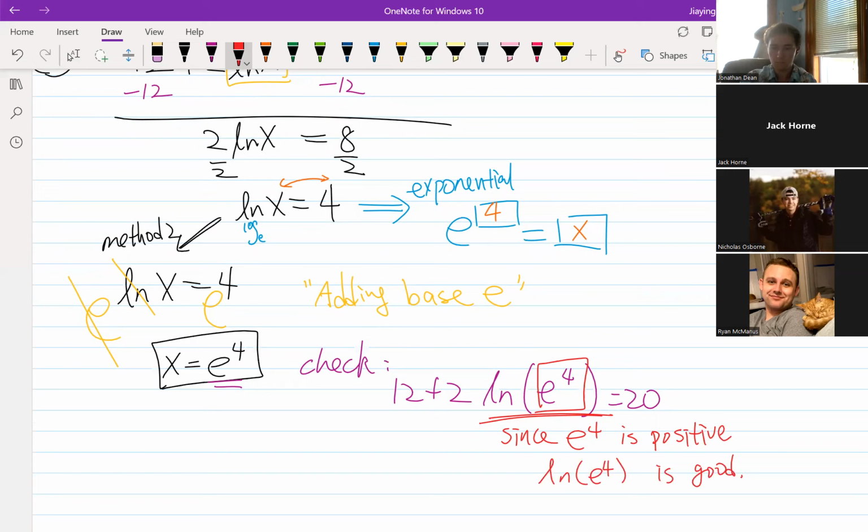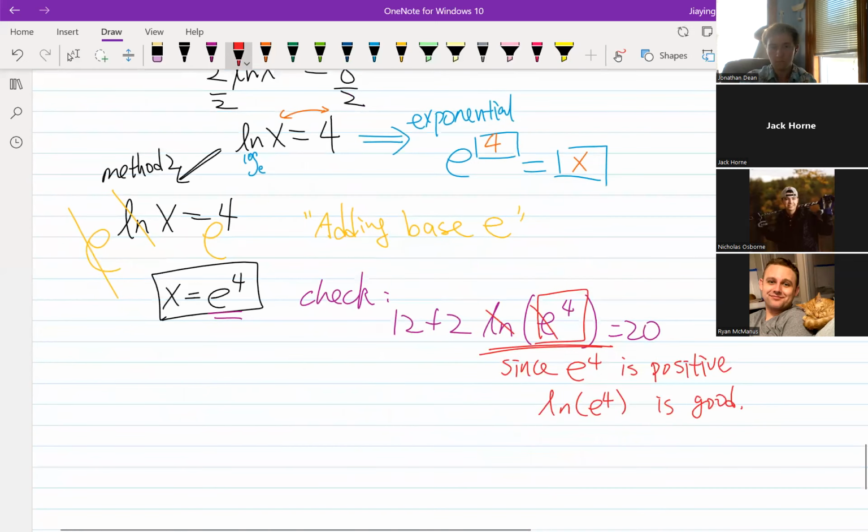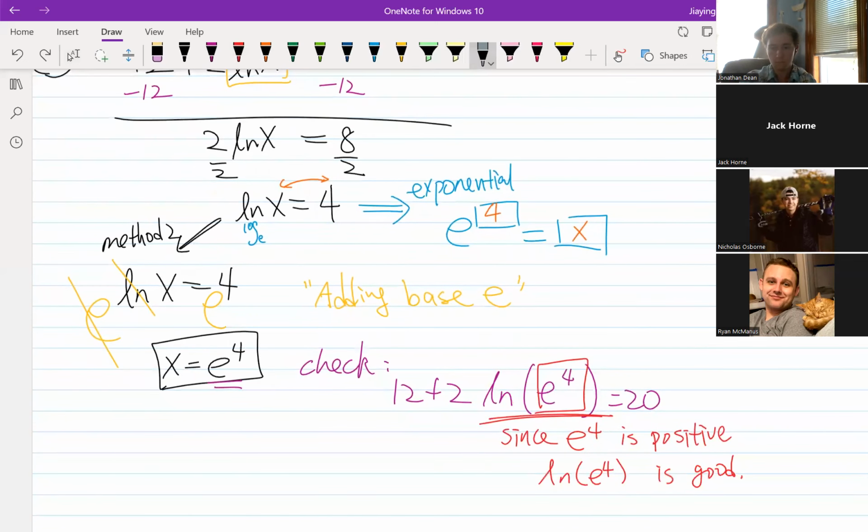And in fact, we can simplify the natural log with base e. So we get 12 plus 2 times 4 equals 20, which is true. But most important is to check, make sure the part inside the log is positive.